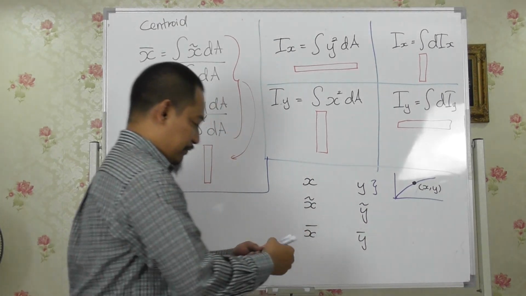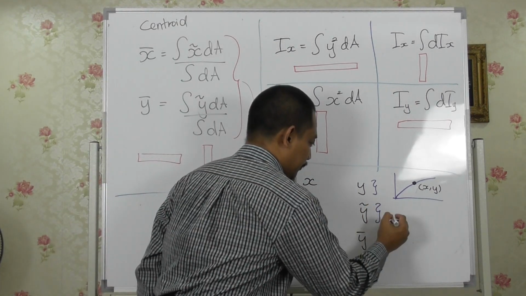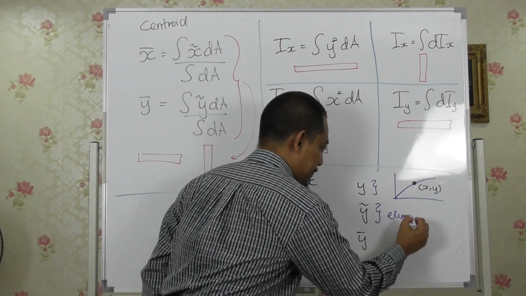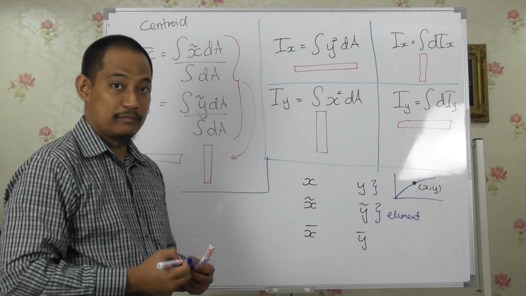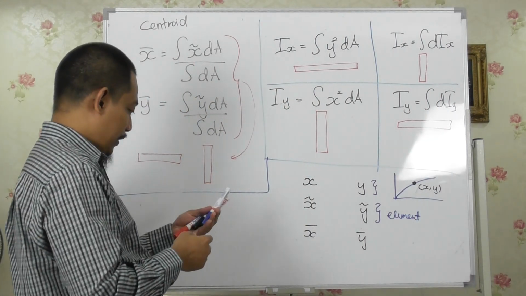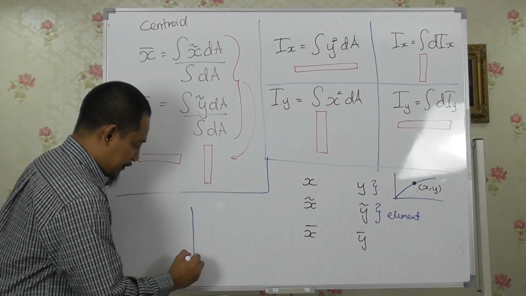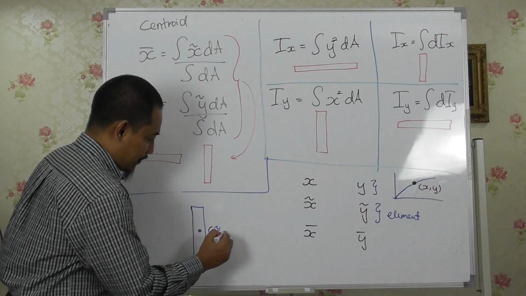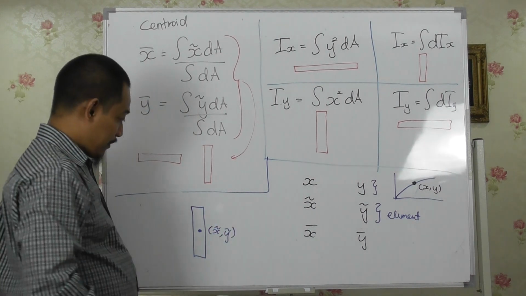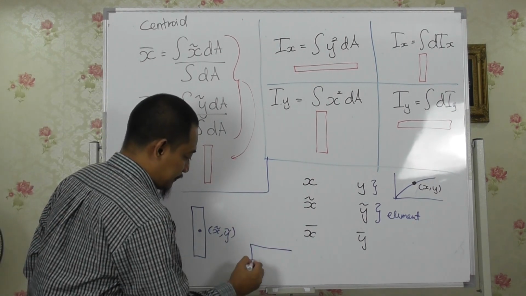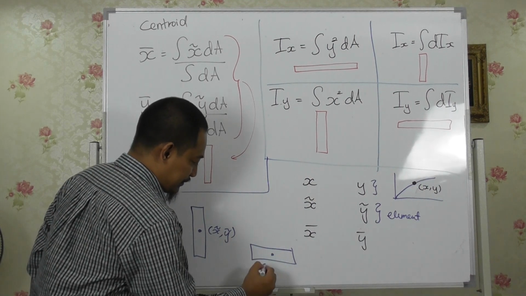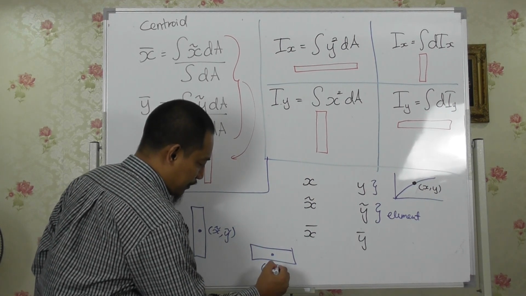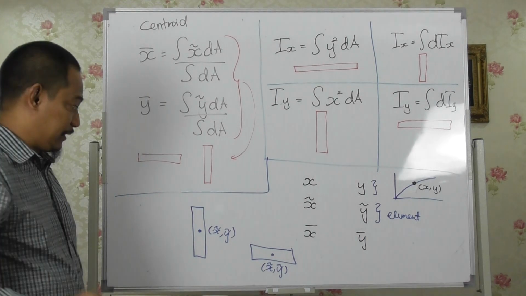This x wave, y wave is for the element. Meaning that when you have this element, this is x wave, y wave. If you have this element, the center here is x wave, y wave. That's the meaning.